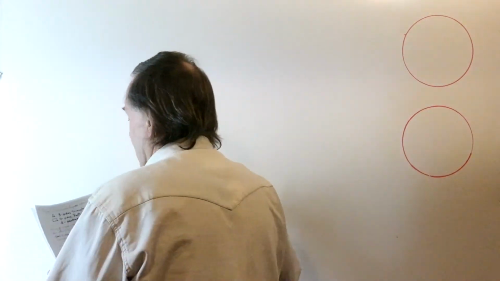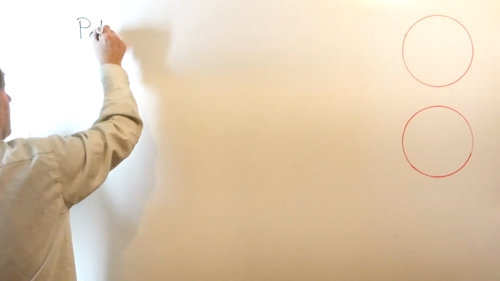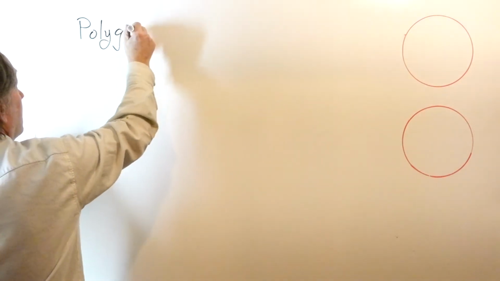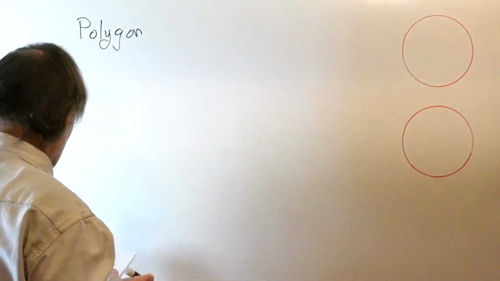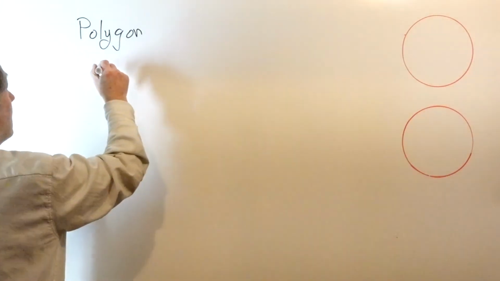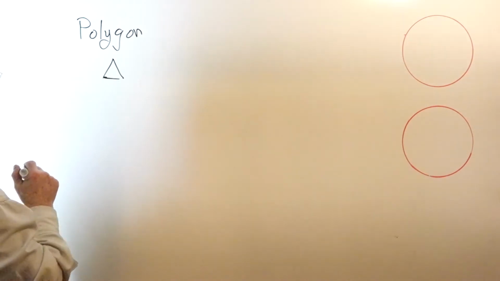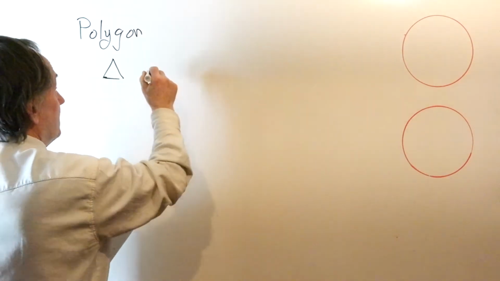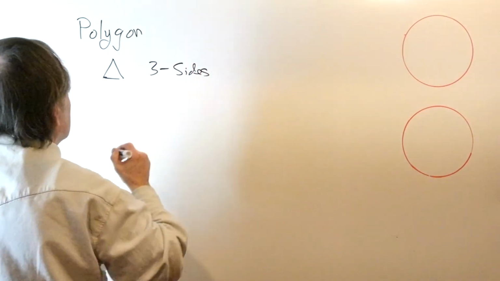Our first term is polygon. A polygon, as the name implies, poly meaning many, is a closed figure of many sides. For example, under the class of polygons we have triangles. Tri meaning three, a three-sided figure is a triangle.